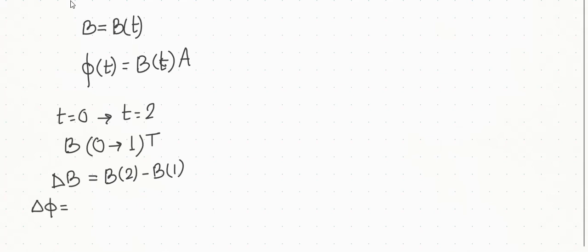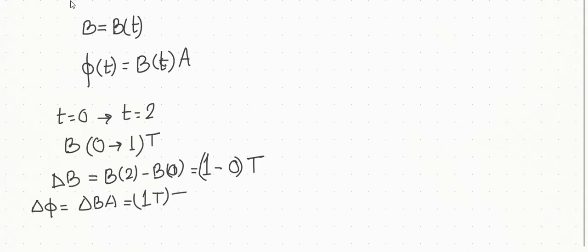Del phi is del B multiplied by A. So here it is B2 minus B1. What is the value of the magnetic field at 2? That is 1 Tesla. What is the value of magnetic field at 0 second? That is 0 here. So the magnetic field change is 1 Tesla.